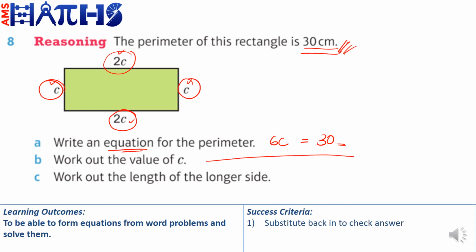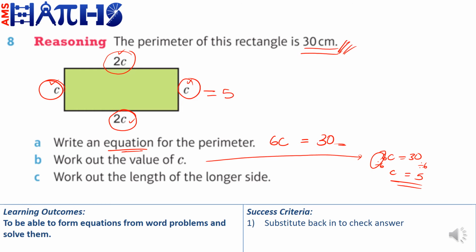So we write our equation. 6c equals 30, then we divide both sides by 6. 6 divided by 6 is 1, so we're left with 1c, and 30 divided by 6 is 5. So it therefore means that c is equal to 5.